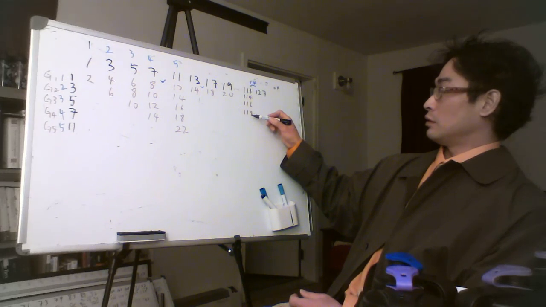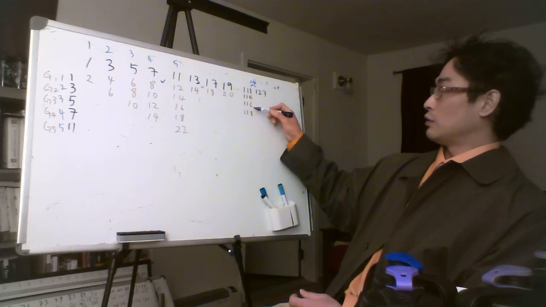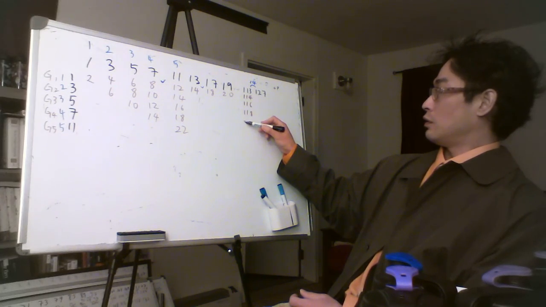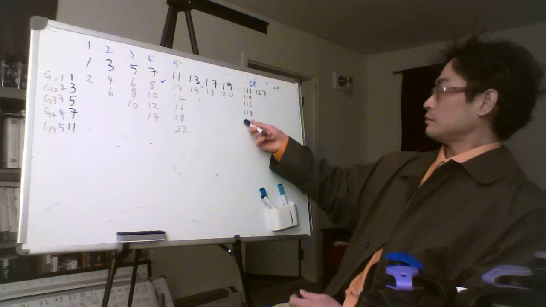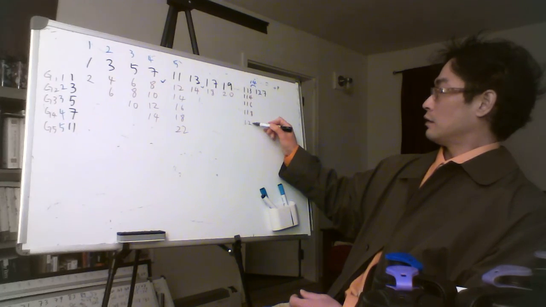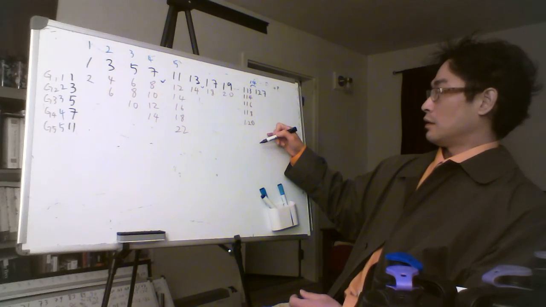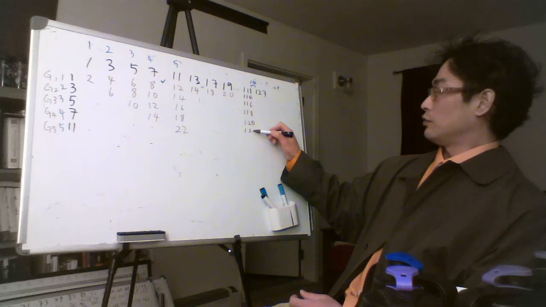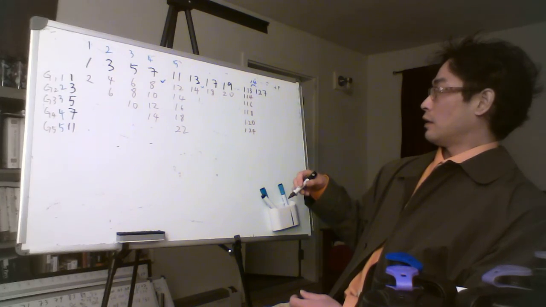And so add 1, add 2, add 2, add 2. Okay, so 120. And then add 4. Okay, so that is the prime gap sequence. So 124.